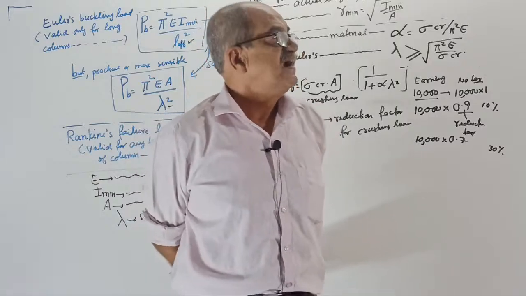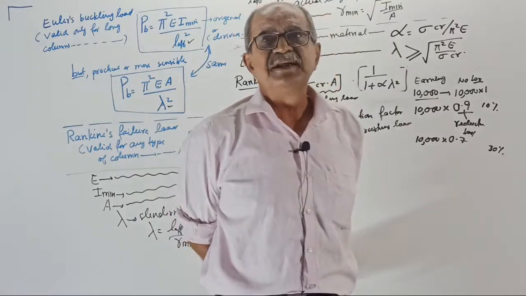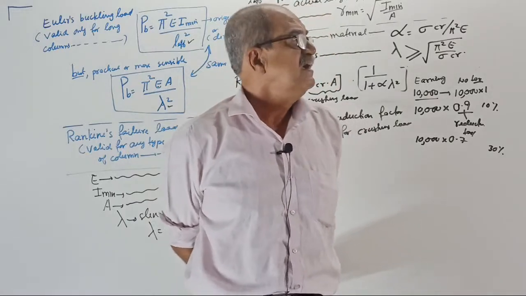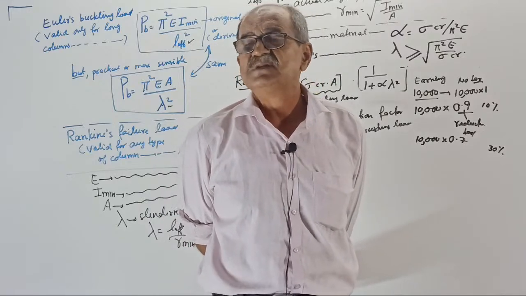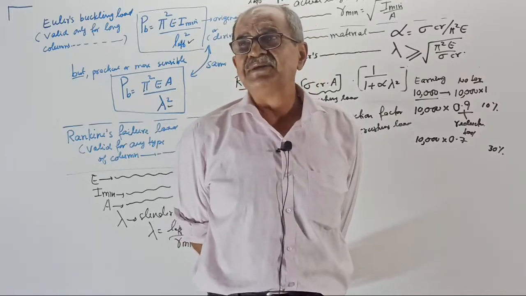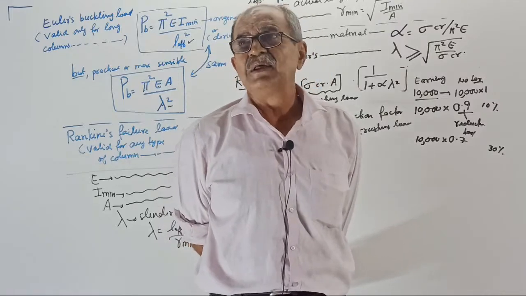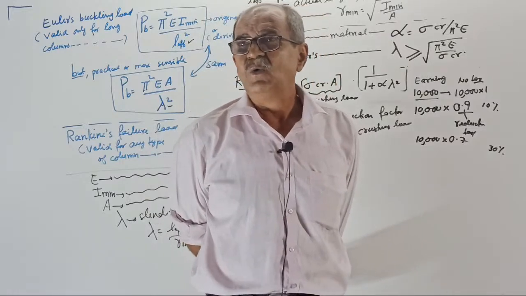10% tax, reduction factor is 90%. If 10% cut, you get back 90%. If tax is 20%, reduction factor is 0.8. If tax is 60%, oh, terrible, maybe emergency, reduction factor is 0.4.